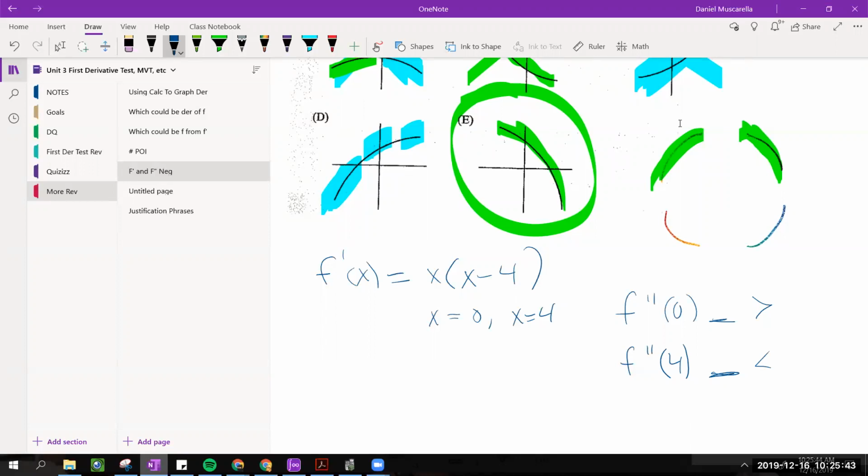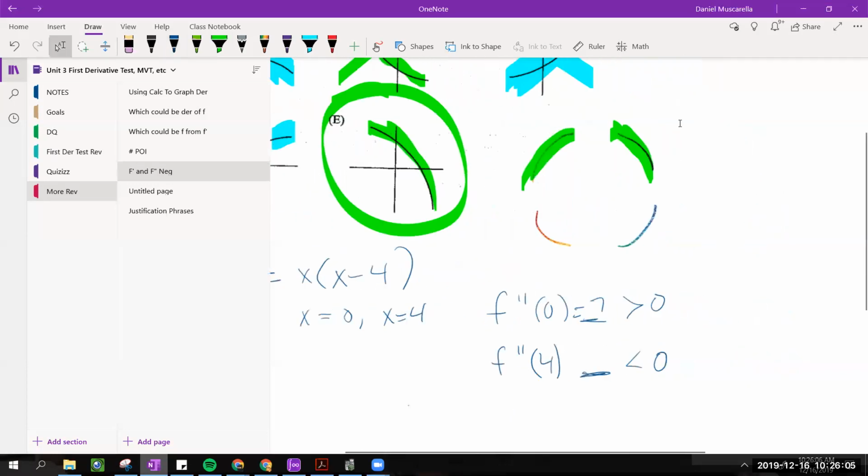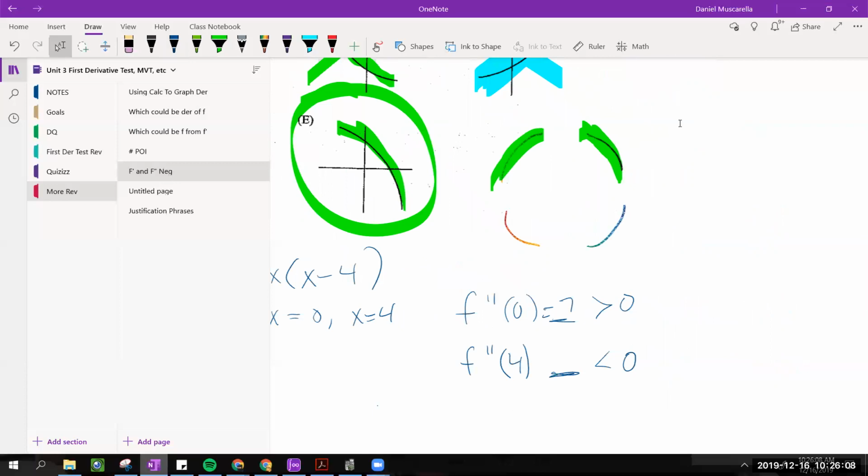That's where it makes sense a little bit. Say you plugged in 0 and you get some value, say 7, which is greater than 0. If your second derivative is positive, is that concave up or concave down?